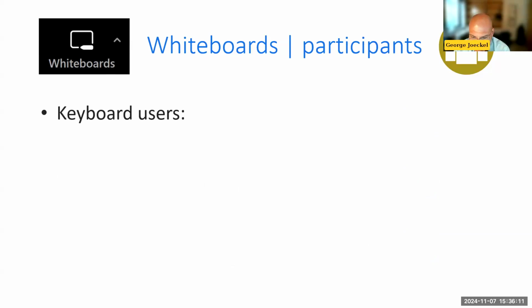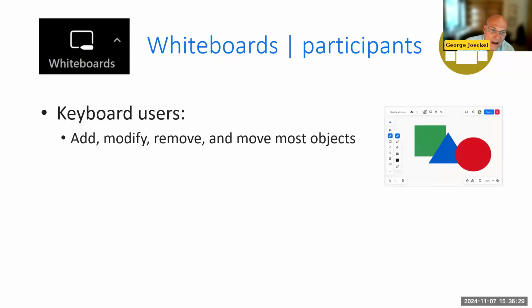So Zoom has done a really good job with this. But as I mentioned at the top, there are some things inherent with whiteboards that are going to create gaps. But keyboard users can add, modify, remove, and even move most objects, which is great.